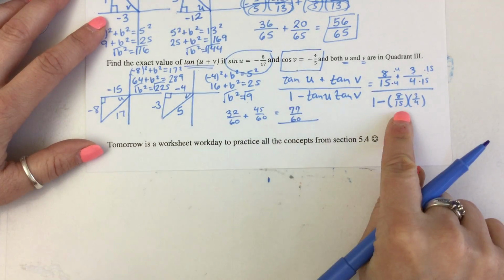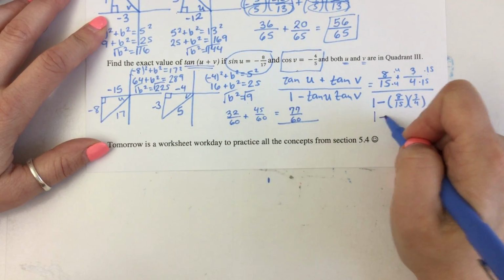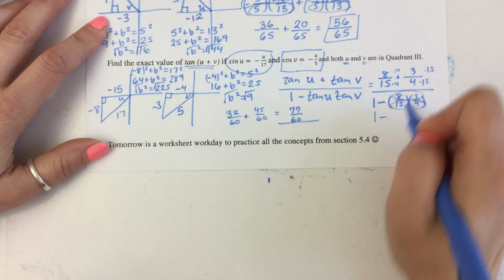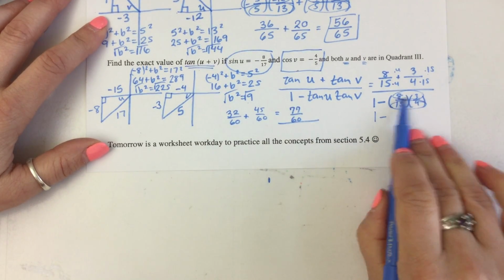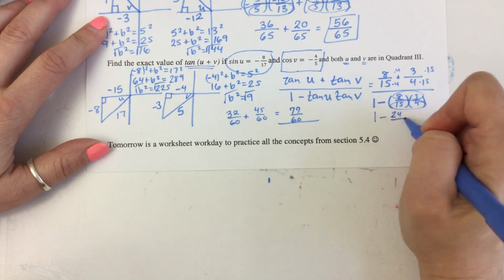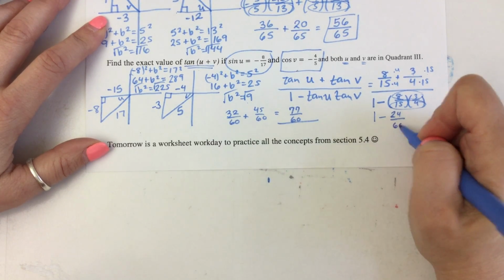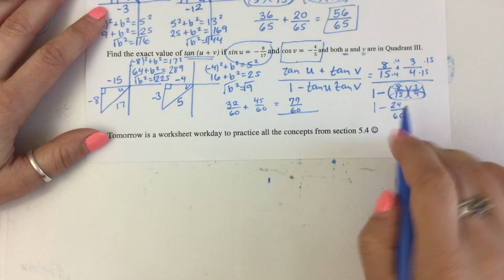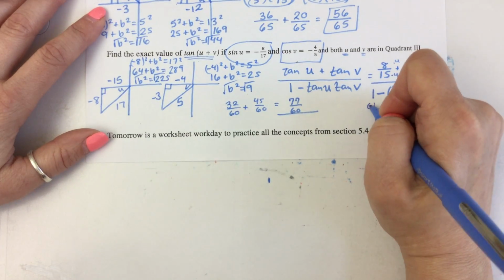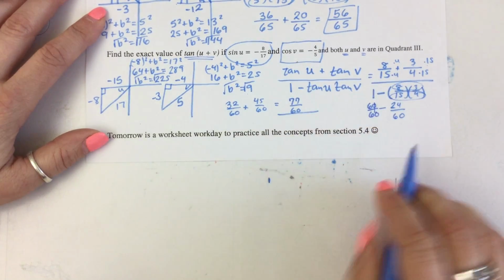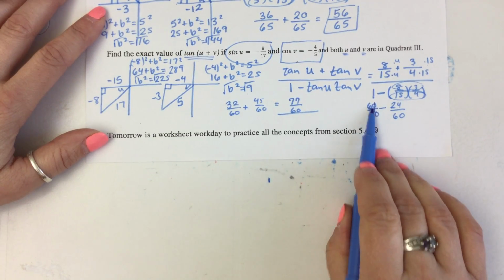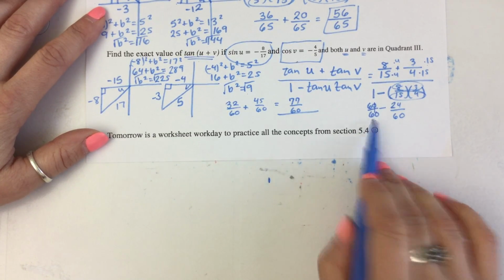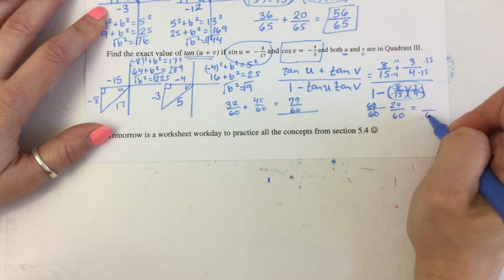So that's the numerator. Now on the bottom, it's 1 minus top times top, bottom times bottom. 8 times 3 is 24. 15 times 4 is 60. Well, I need to make a common denominator. So 1 can become 60 over 60 because 60 over 60 still has a value of 1. Now I have my common denominator.